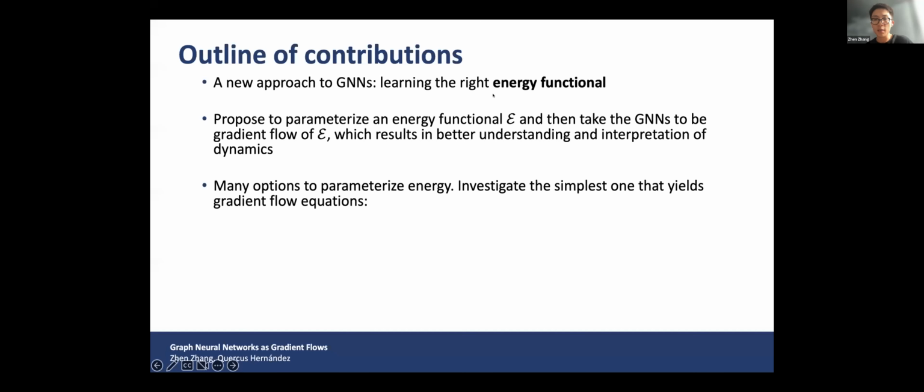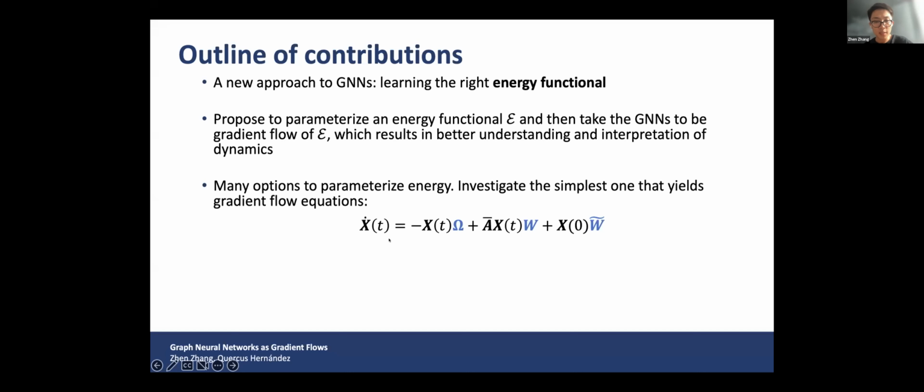But here they parameterize an energy functional and make sure that the ODE satisfied by the GNN follows the gradient flow of that energy functional. The way they do it is to parameterize the energy in a specific form where the gradient flow will look like this. So here is the formula for the gradient flow of that specific energy, which I will talk about later.